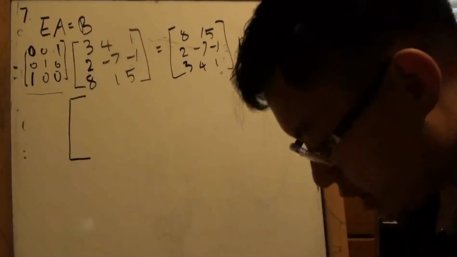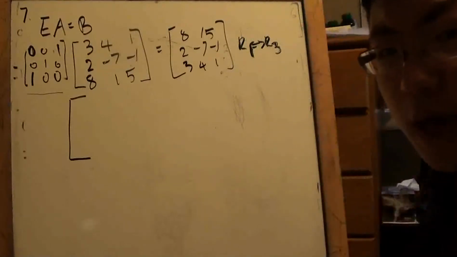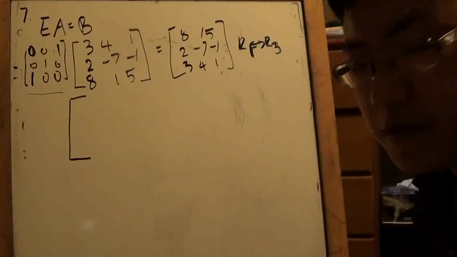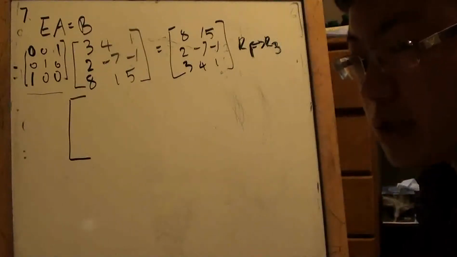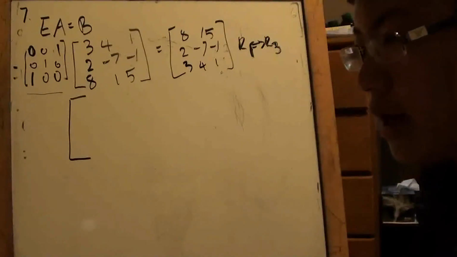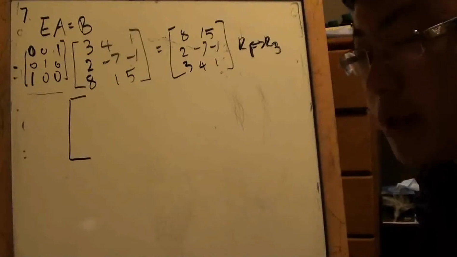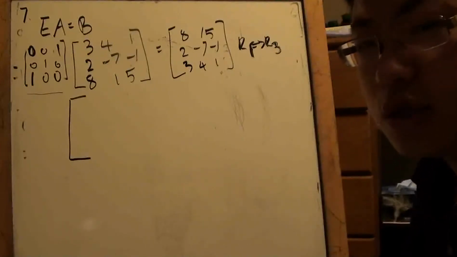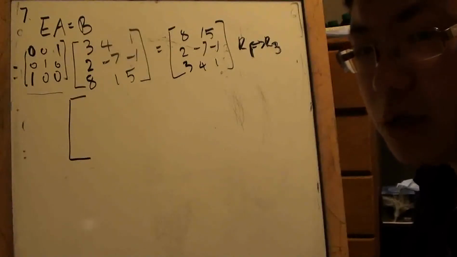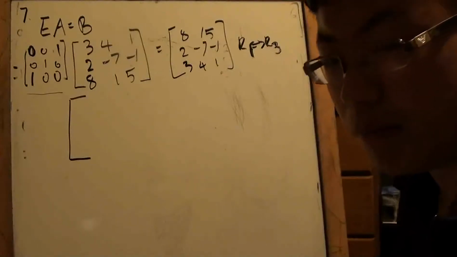This is question 7. It's essentially the same thing as question 5. The only difference is that instead of finding the new matrix after multiplying an E matrix with some other matrix, now you're trying to figure out the unknown E matrix after knowing the original matrix and the product matrix.